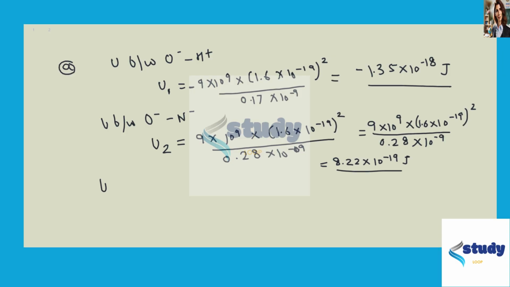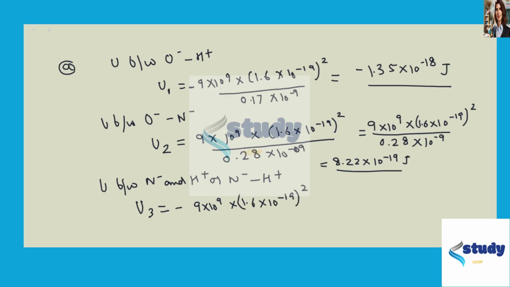Now the energy U3 between N minus and H plus. One is negatively charged and one is positively charged, so we must have a minus here. This becomes 9 times 10 to the power 9 times 1.6 times 10 to the power minus 19 squared, over 0.19 times 10 to the power minus 9. This gives minus 1.21 times 10 to the power minus 18 joule.